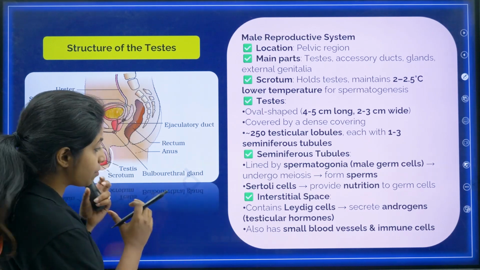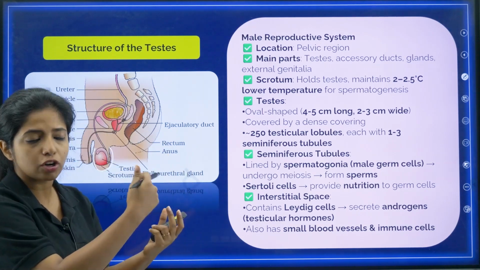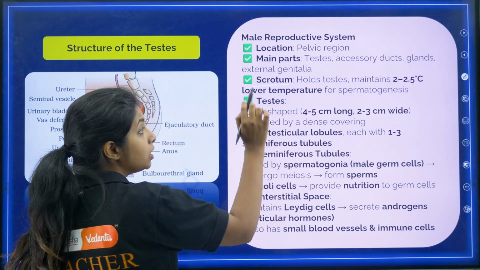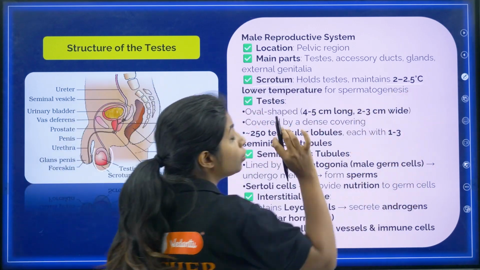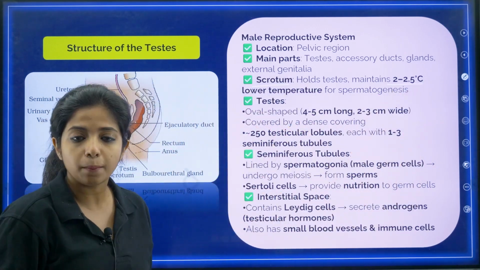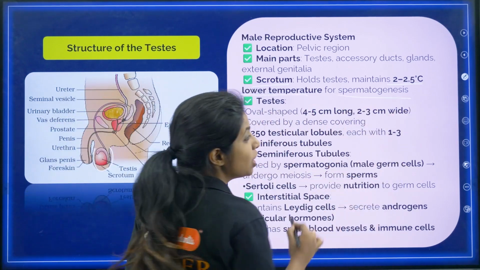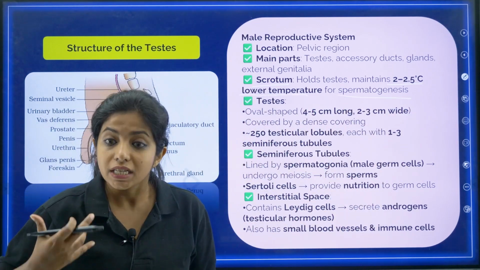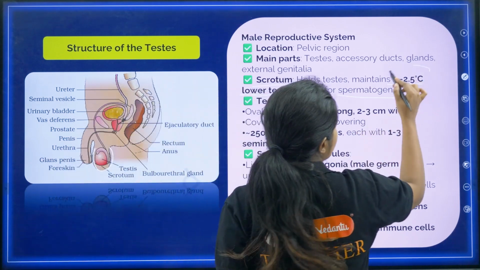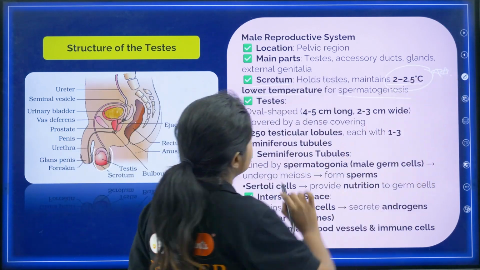So it is kept outside the body inside a sac-like structure known as the scrotum. This maintains a temperature at least 2 to 2.5 degrees Celsius lower than the normal body temperature for the process of spermatogenesis, which is the formation of sperm. Please remember this particular detail, it's a very important thing.